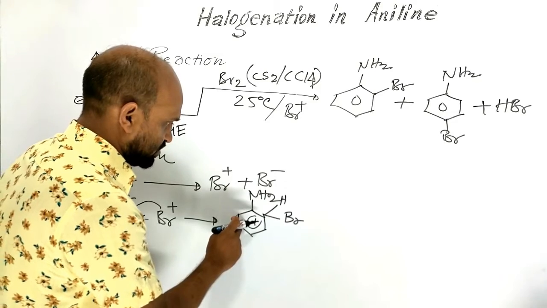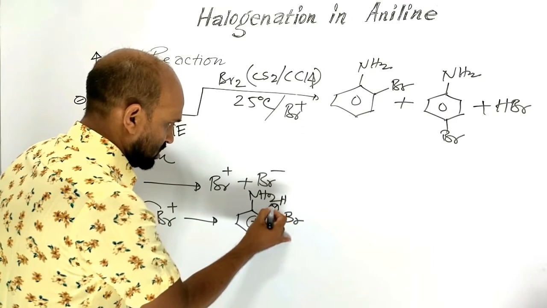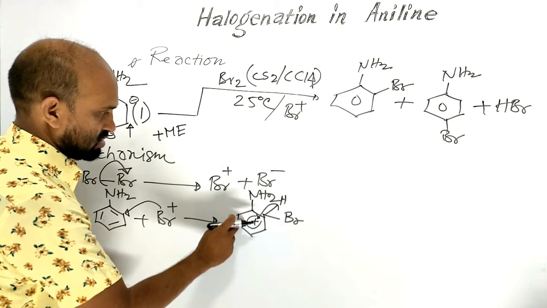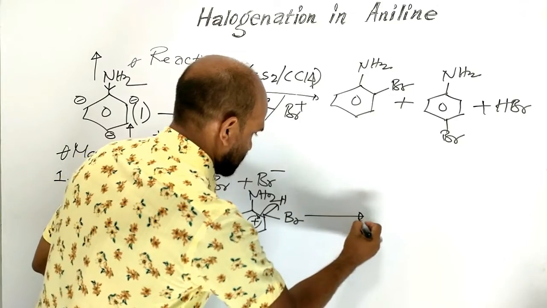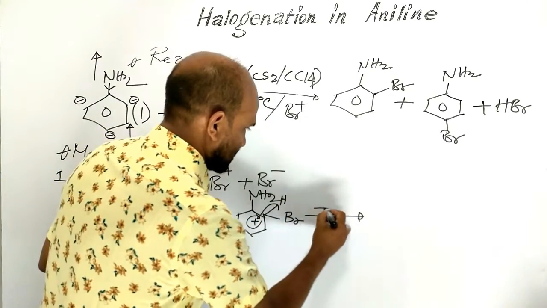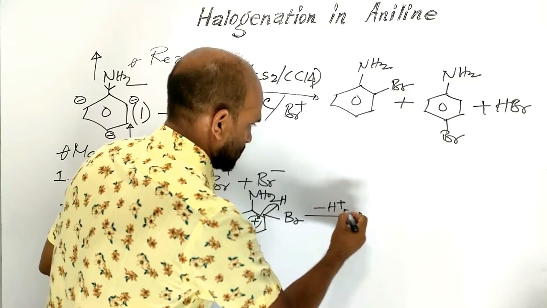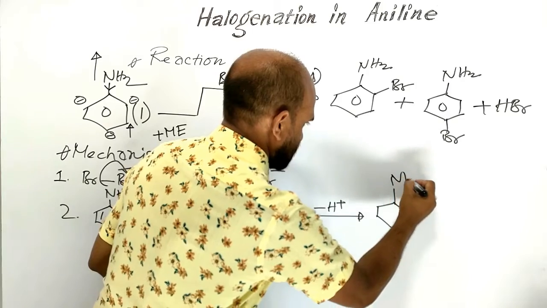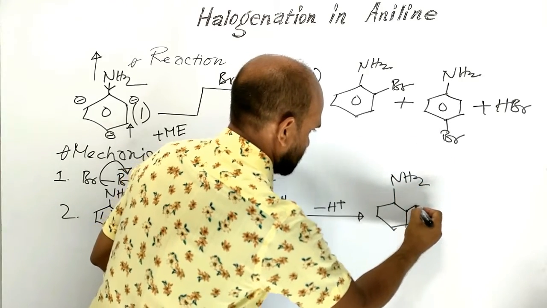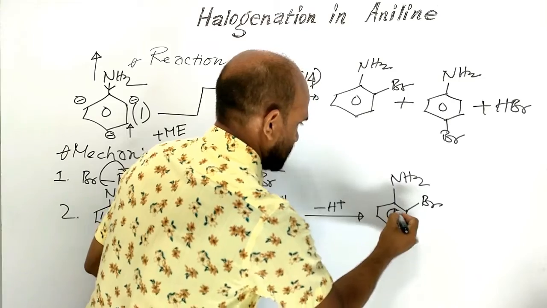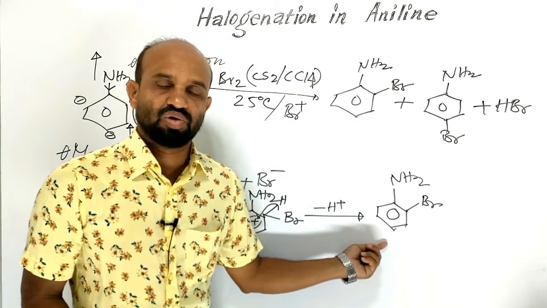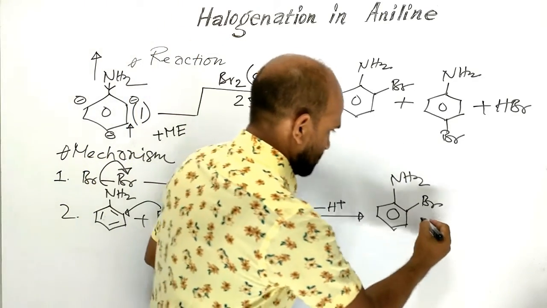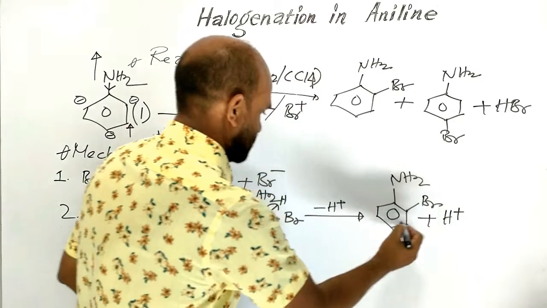To vanish this positive charge, the covalently bonded electrons of the carbon-hydrogen bond move towards the benzene ring, and as a result, this hydrogen gets freed as proton, and this compound is obtained, NH2, here bromine, that is orthobromoaniline, and this hydrogen gets freed as proton.